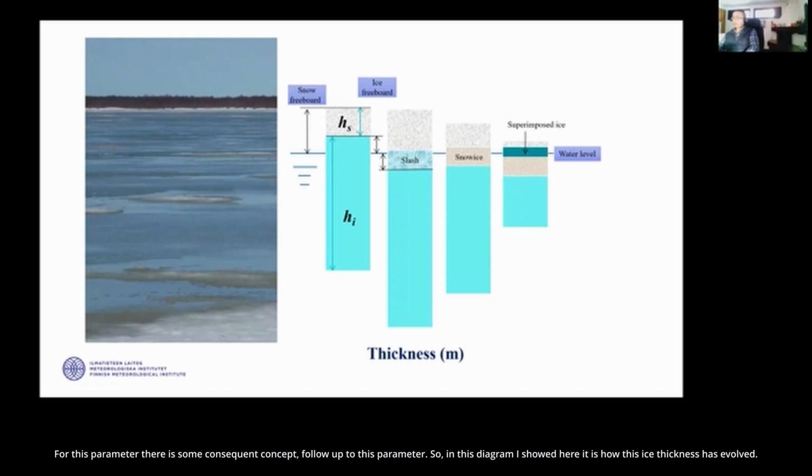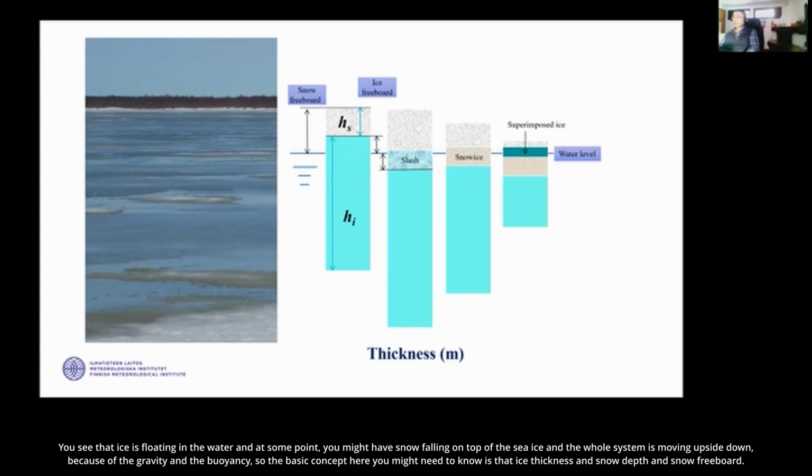And for this parameter, there are some consequent concepts that follow. The diagram I showed here shows how the ice thickness evolves. You see that ice is floating in the water, and at some point you might have snow falling on top of the sea ice.